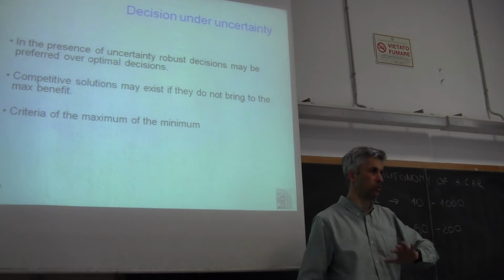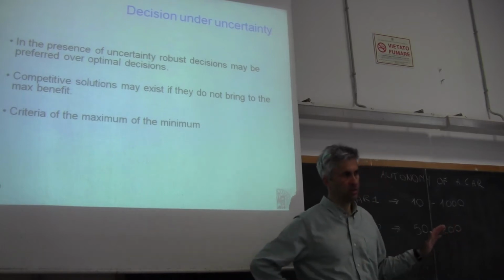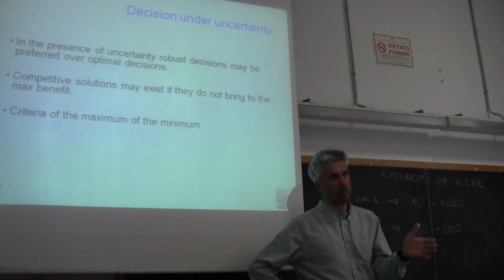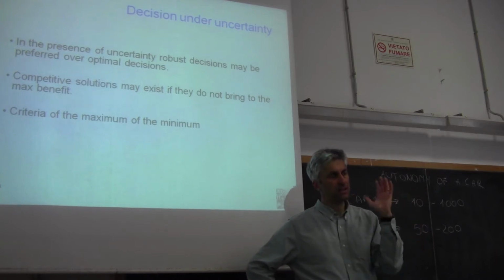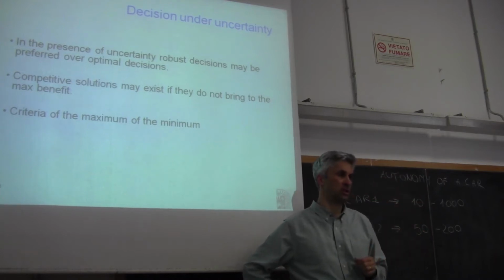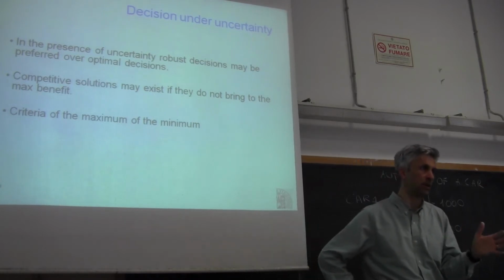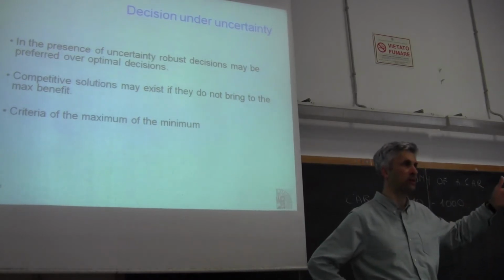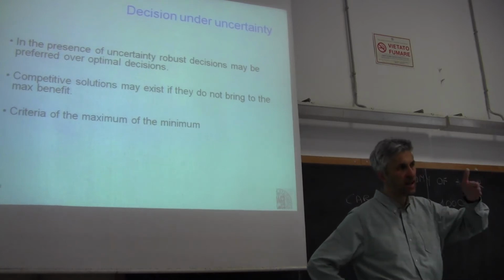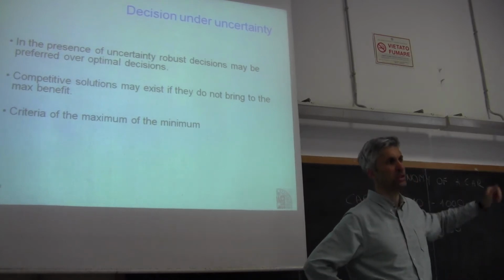If you don't want to take any risk, you wouldn't bet. And this is the criteria of the maximum of the minimum. But let's think of a situation in which you have the opportunity to bet on something where you have 90% probability to win, or let me say 99% probability to win.